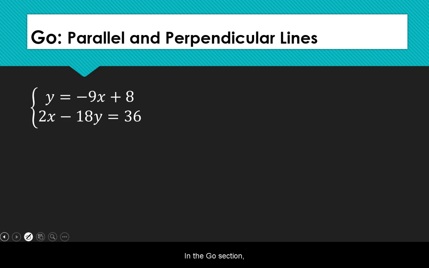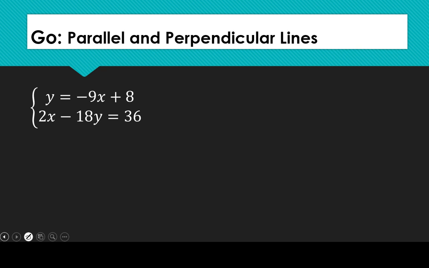In the Go section, we are reviewing parallel and perpendicular lines in systems of equations. So we're identifying whether the given linear functions will generate parallel lines, perpendicular lines, or just intersecting lines. Remember that parallel lines are lines that have the same slope.